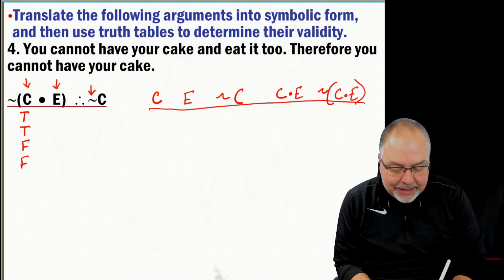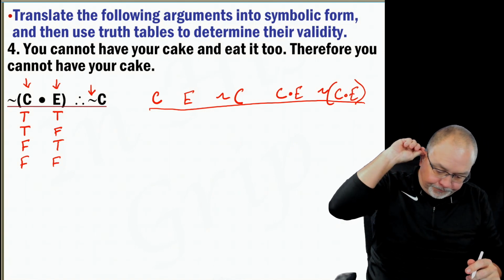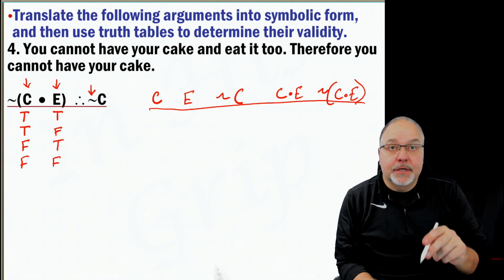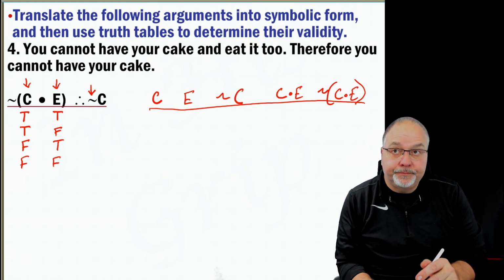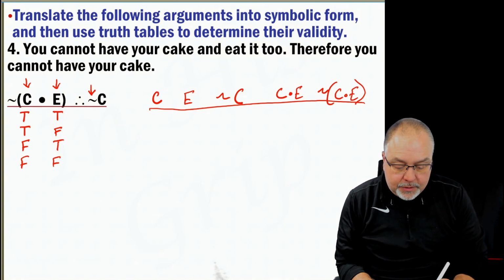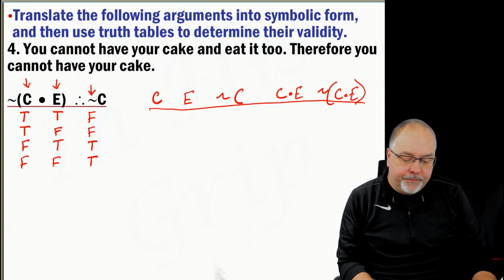So then under E, true, false, true, false. Okay? Now, under not C, I'm going to take the C column and simply negate it, right? So C is true, it would be false, false, true, true, right?